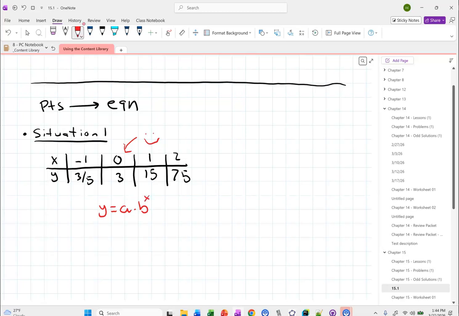So I'm trying to write an exponential equation. If I have the point (0, 3) and I plug that in, I have that, right? What's b to the 0? 1. Except if b is equal to 0, right? Could b equal 0 here? Yeah.